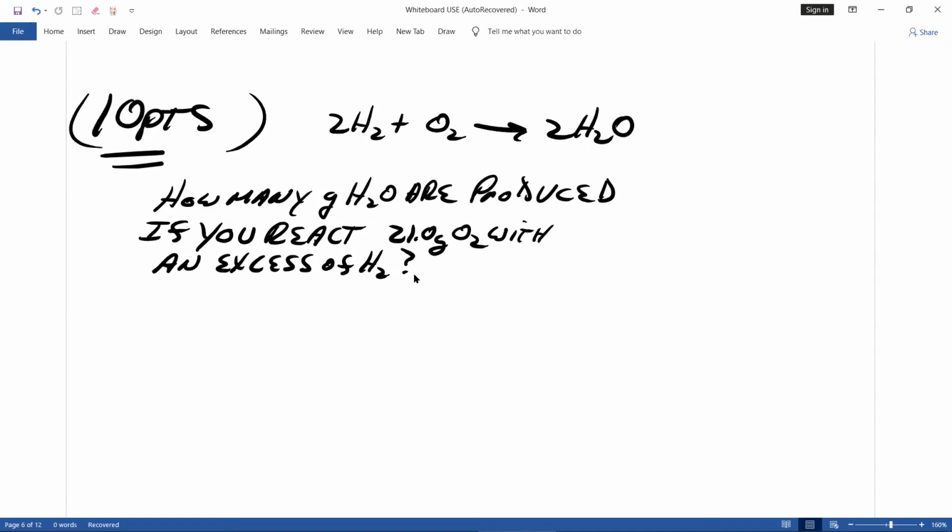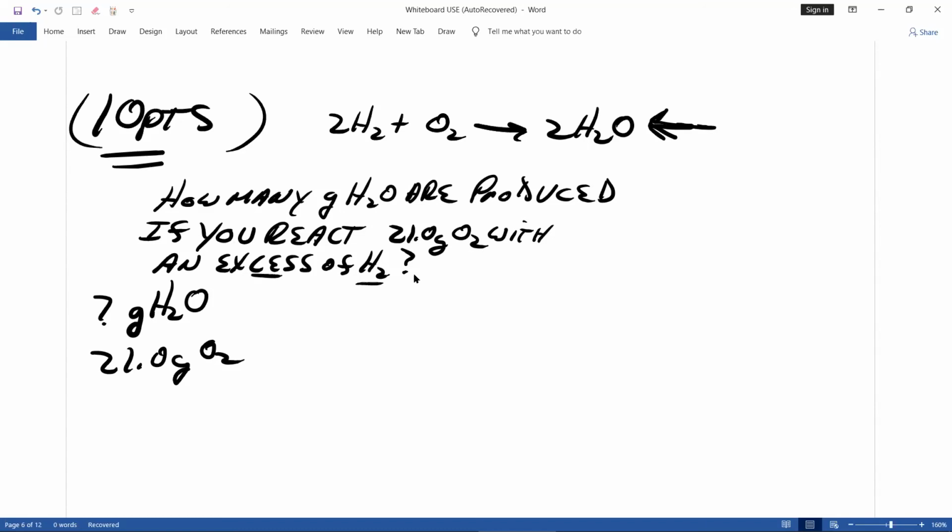So we're also given the balanced chemical equation. So what are we being asked to find? How many grams of water? What are we given? 21.0 grams of oxygen. And because you have an excess of hydrogen, you can ignore it. You're also given the balanced chemical equation right here.